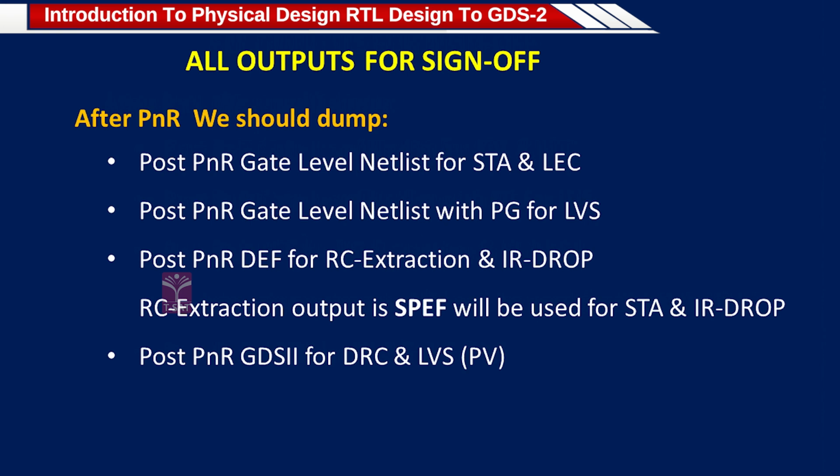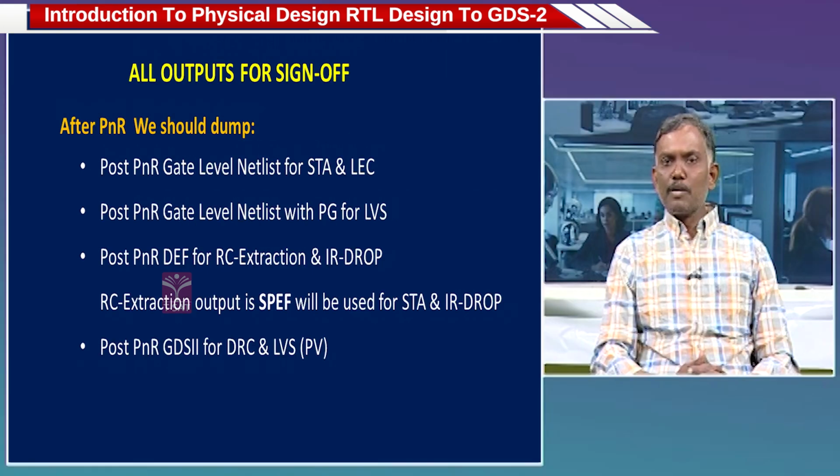Once your place and route is completed, with placement of the standard cells, clock tree building and routing completed, we should dump all the required files for the sign-off checks. I will explain what all the sign-off checks are. Before that, what files do we need to dump on the post-route optimized design?